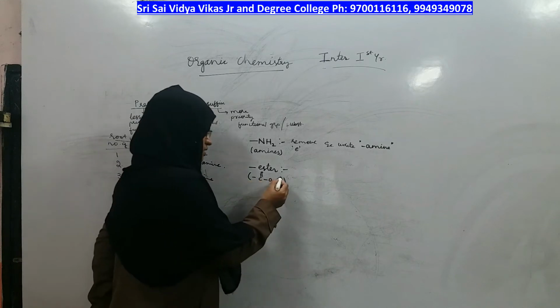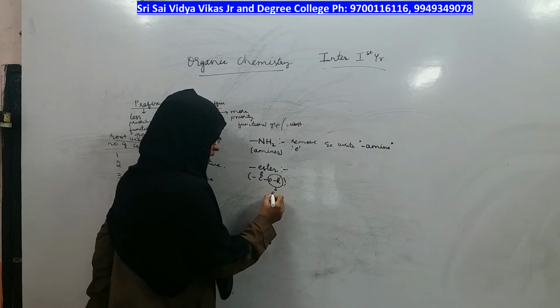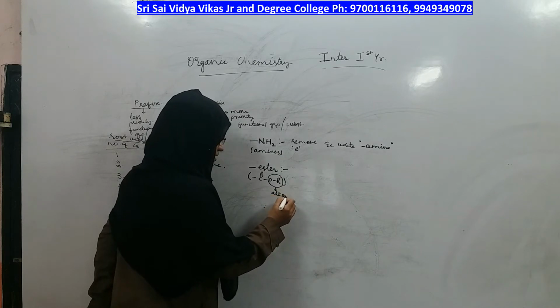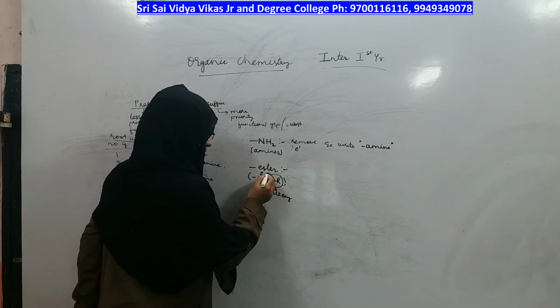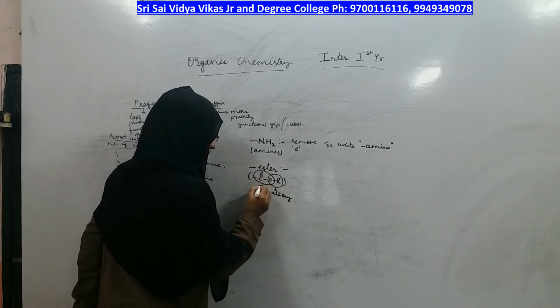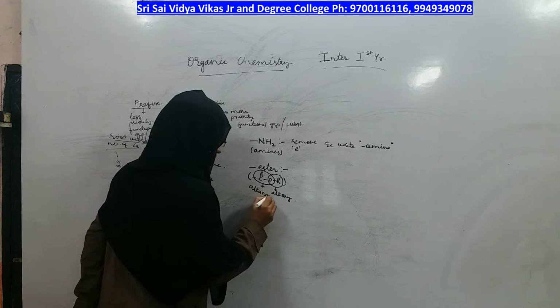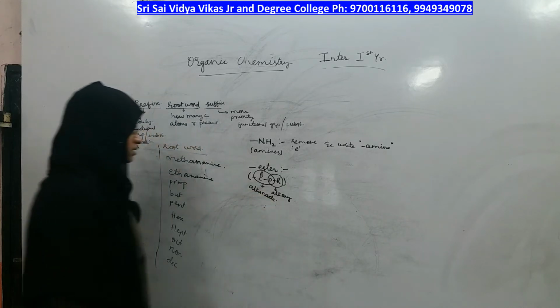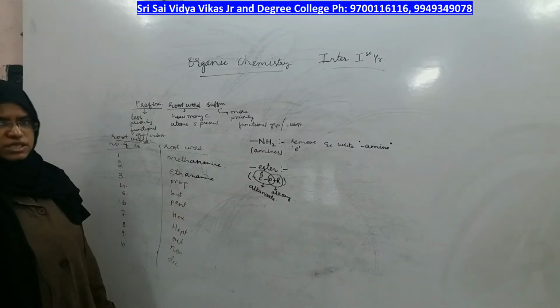This group is called alkanoate, and that side is called alkoxy, okay?